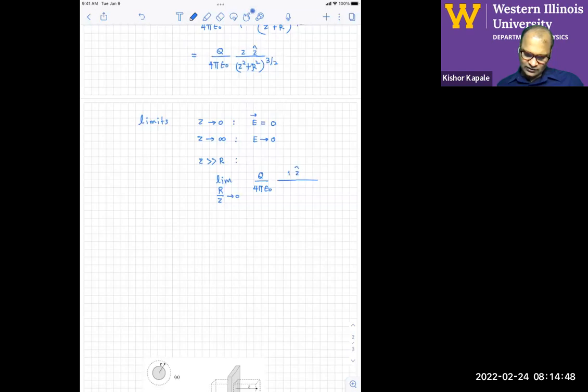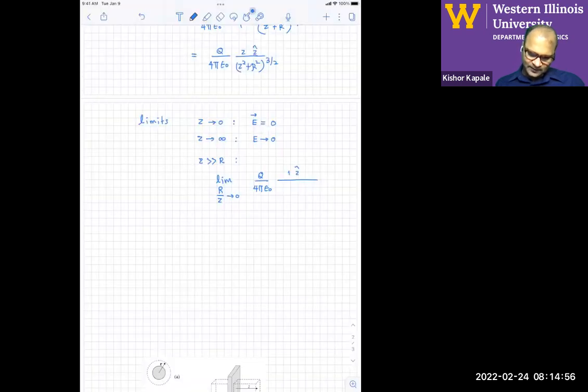The 3/2 power actually makes things a bit more complicated. Sorry, what did I do here? Okay. What I'm going to do is divide the numerator and denominator by z to the power 3. So I do z divided by z to the power 3 halves. Actually I need to divide by z to the power 3, not z half.